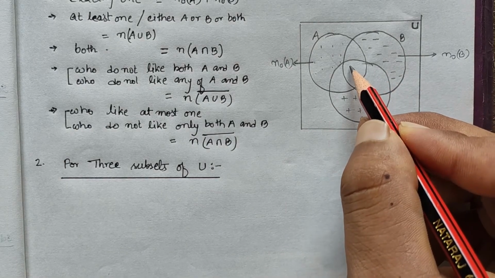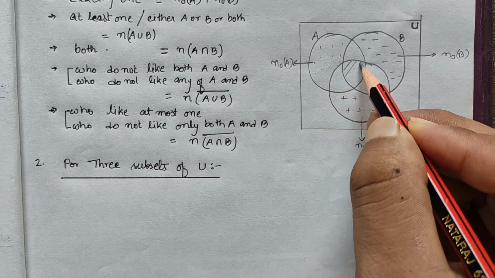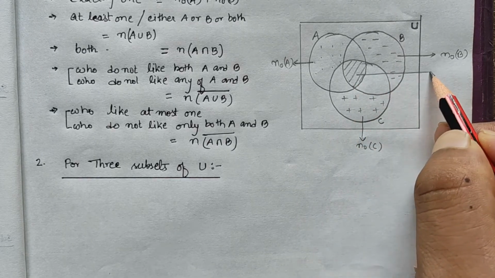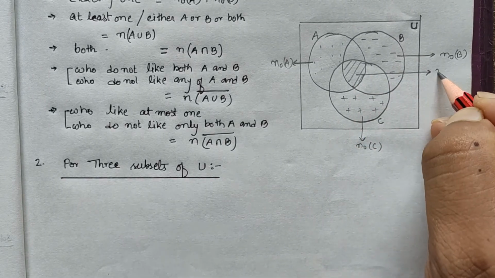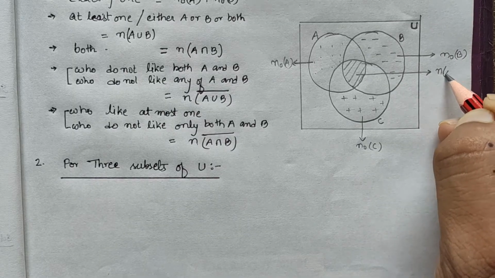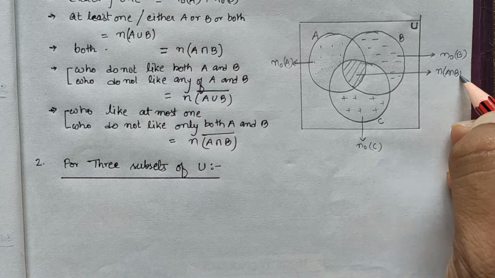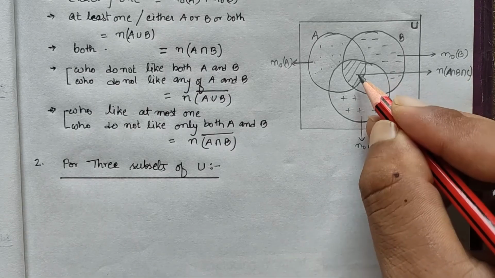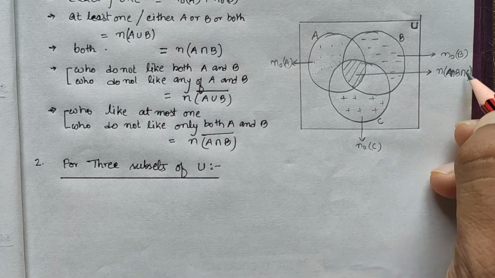And this line part, we will say it what? A intersection B intersection C. So don't be confused, it is A intersection B intersection C part.